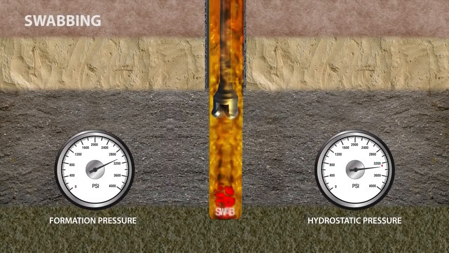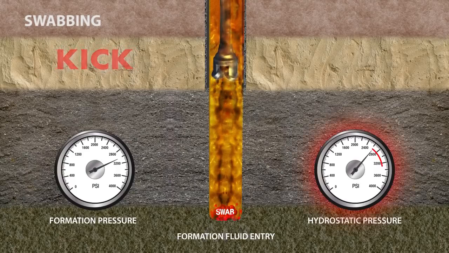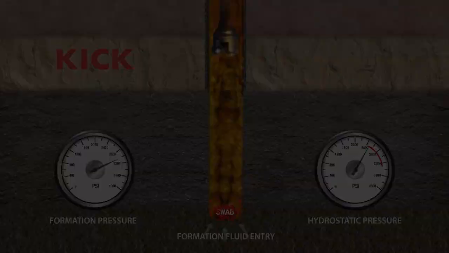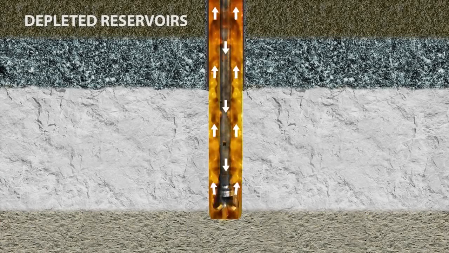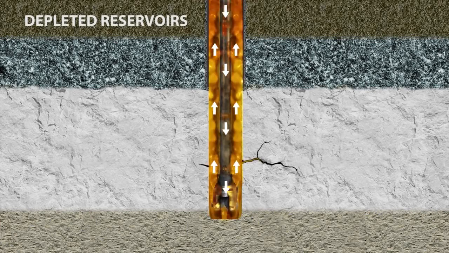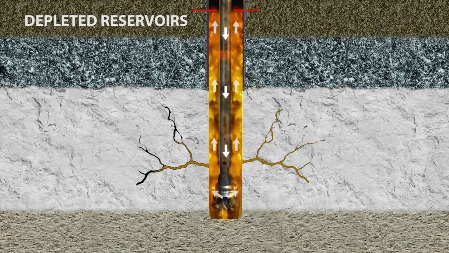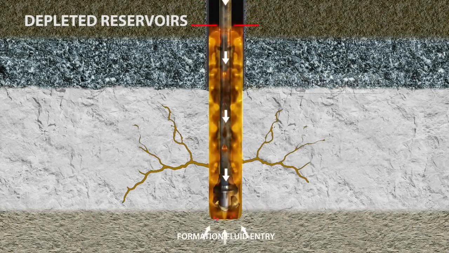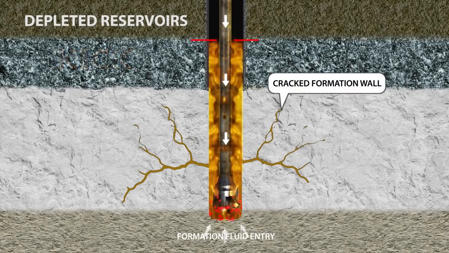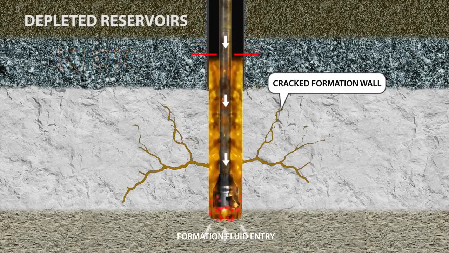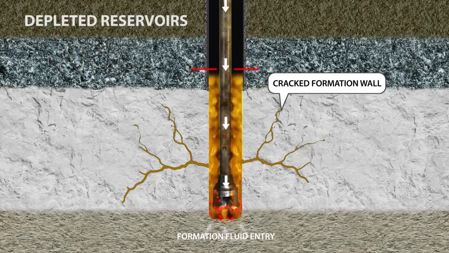Swabbing while pulling out of a hole too fast can produce a suction effect, resulting in a decrease in the bottom hole pressure large enough to allow formation fluids to enter the wellbore, creating a kick. When drilling takes place too fast and into depleted reservoirs without proper reinforcement, it can lead to cracking in the walls and thus losing fluids into the formation, inducing a kick.